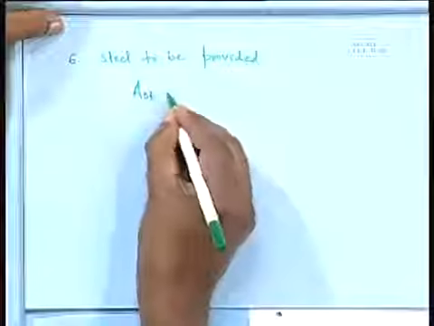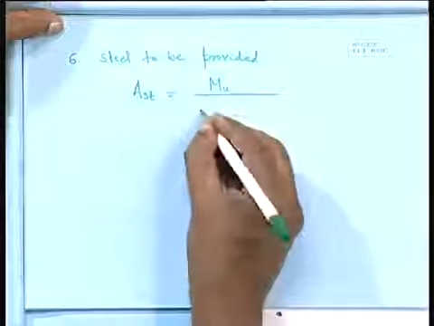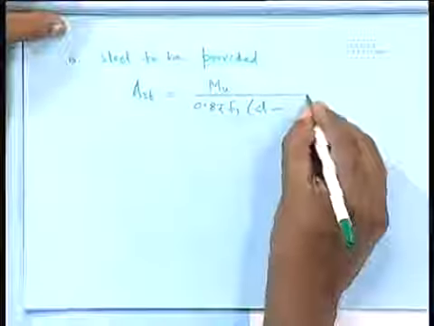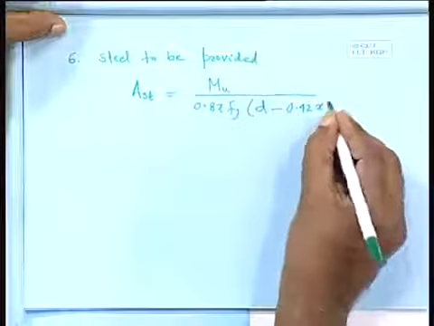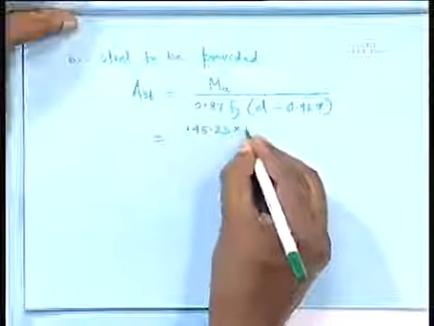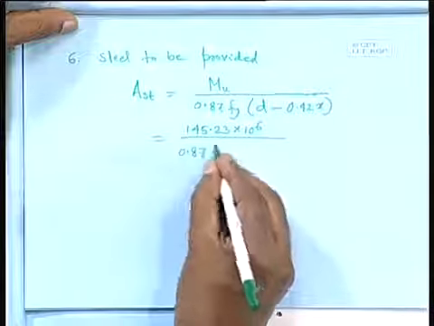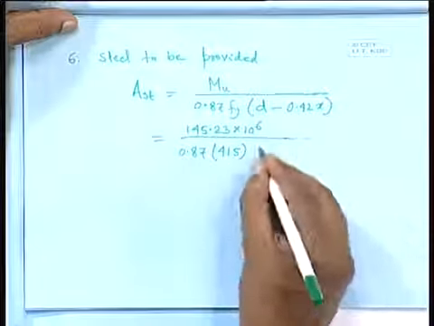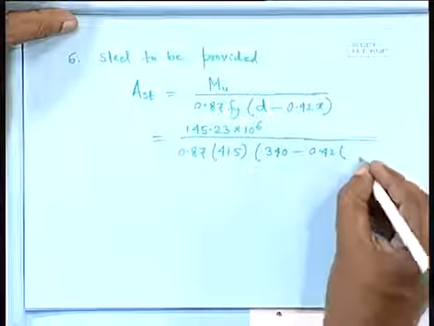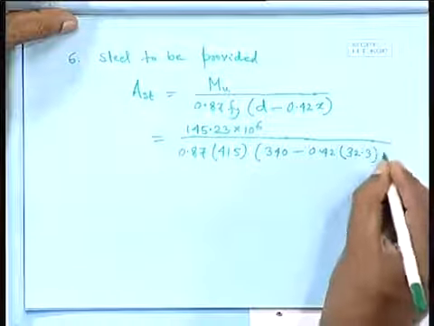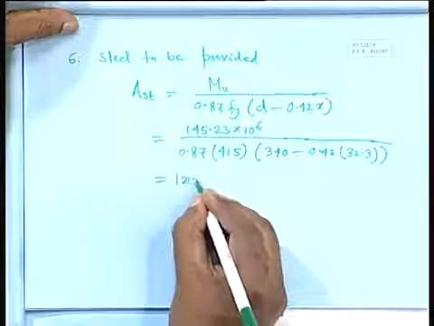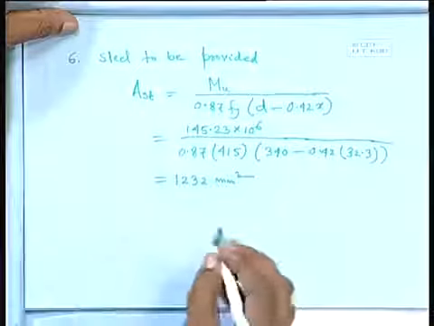Area of steel equal to Mu divided by 0.87 Fy, the stress in steel, times (d minus 0.42 xu or x), that is the lever arm, which comes as 145.23 into 10 to the power 6 divided by 0.87 times 415, that is Fe 415 steel, times (340 minus 0.42 times 32.3, the neutral axis depth), which comes as 1232 square millimeter.